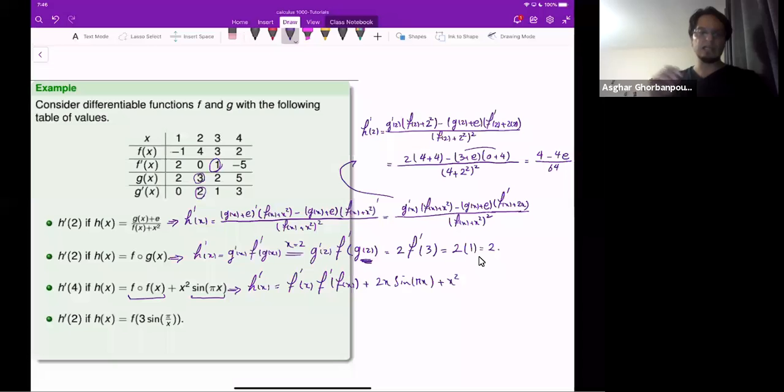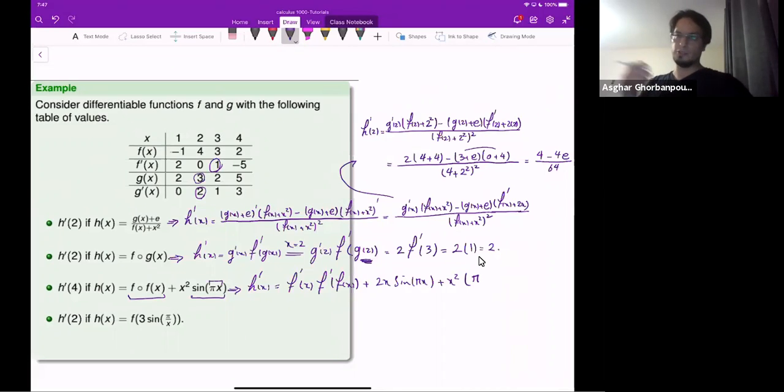If it was sine of x, I knew what to do. That's cosine x. Now this is sine of some function of x. But that function, the inner one, you have to find the derivative of that. Pi times x, the derivative is pi. Like the derivative of 2 times x is 2, 3 times x is 3, pi times x is pi. So this is pi times cosine of pi x.